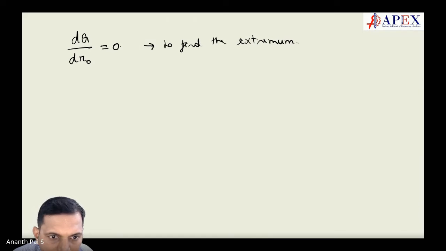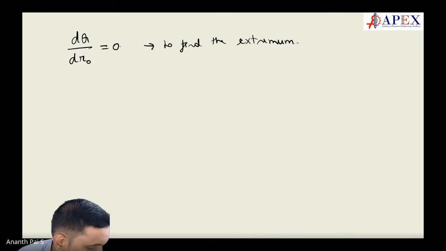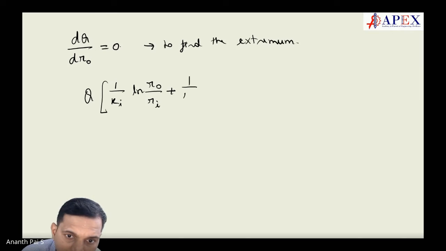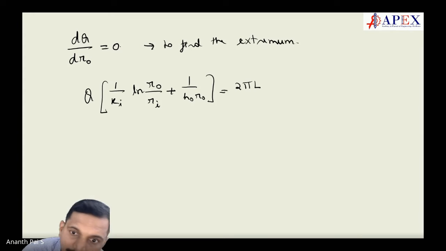Okay. So dq is known, is it not? So I can write q is equal to, let me write like this: q into 1 by ki log of r naught by ri plus 1 by h naught r naught is equal to 2 pi l into t minus t infinity.